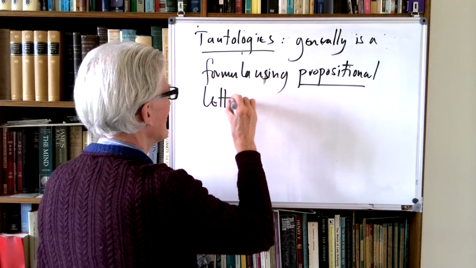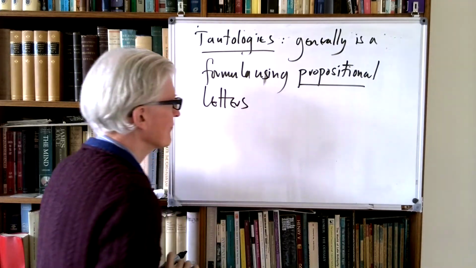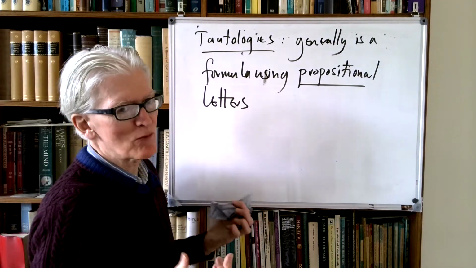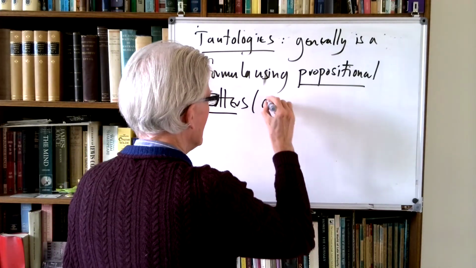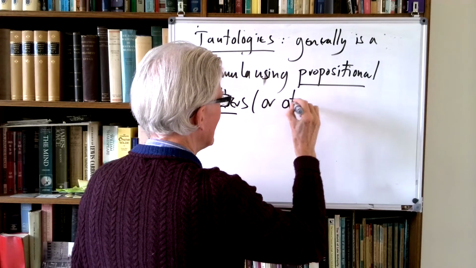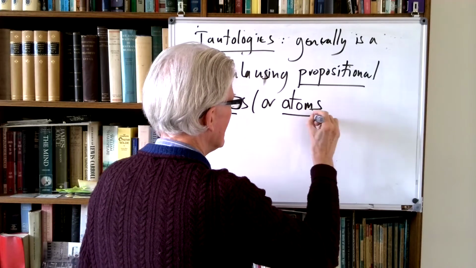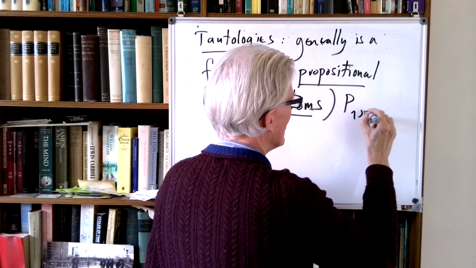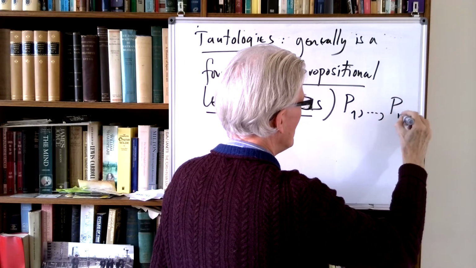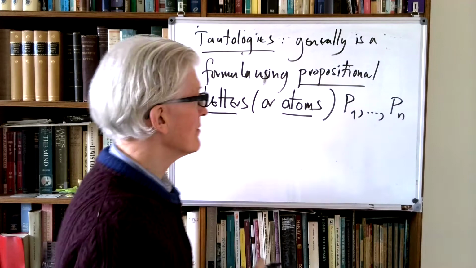A propositional formula is one kind of formula without quantifiers. Propositional letters, sometimes called atoms, I think this is what it says in the notes, maybe using propositional letters P1 up to Pn, right?